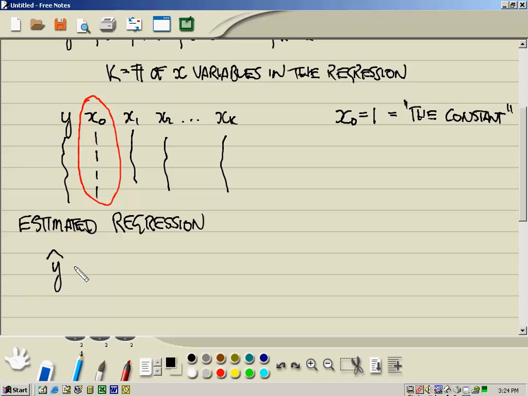Very much like you'd expect, it's y hat is equal to beta hat 0 plus beta hat 1 x1 plus beta hat 2 x2 plus dot dot dot all the way through to however many you have, beta hat sub k xk.